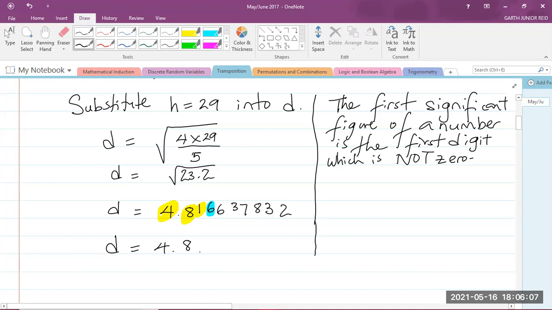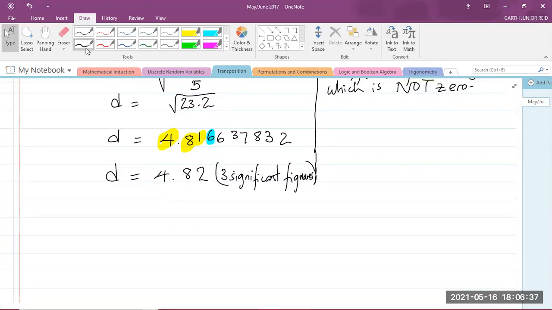So I'm going to add 1 to 1, which is 2. So D is equal to 4.82, and that is to 3 significant figures. That is the solution for part 1.